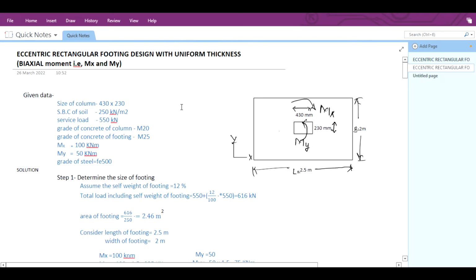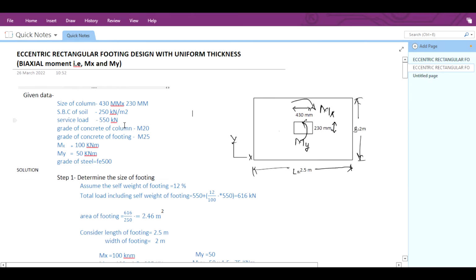So this is the data that was given, and we are going to consider the same data with biaxial moment. The size of the column was 430 mm by 230 mm, and the SBC of soil was 250 kN per meter square.